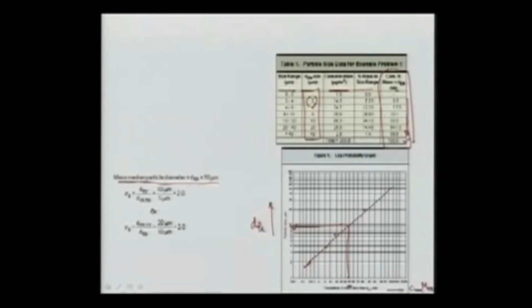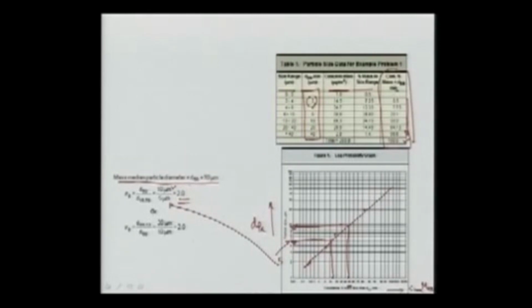The D50 value is 10, that we just got, and for D15.78 I plot here and get a value somewhere here, close to 5, as you can see. Taking this value 5, I can find out the geometric standard deviation as 2.